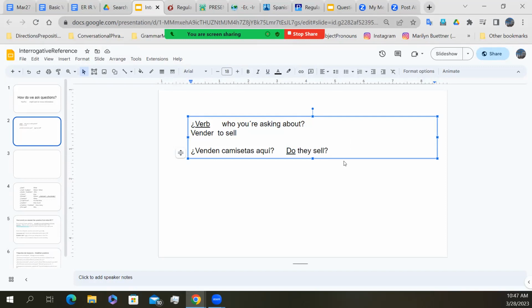But in Spanish, we don't need that word do at all, right? We just put the verb up front for a yes/no question. Venden camisetas aquí, right? That is a yes/no question.